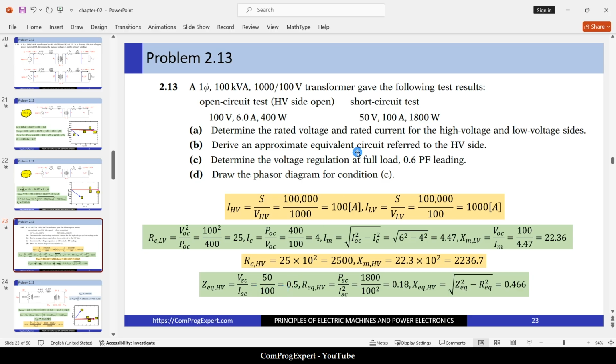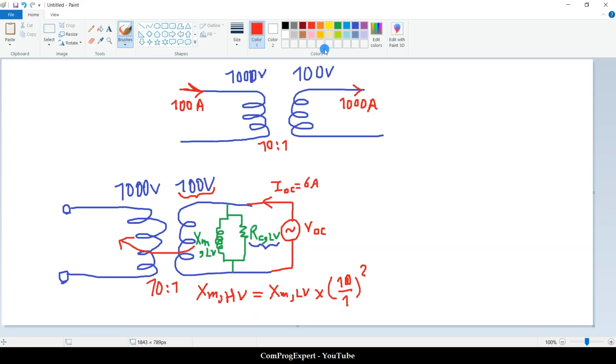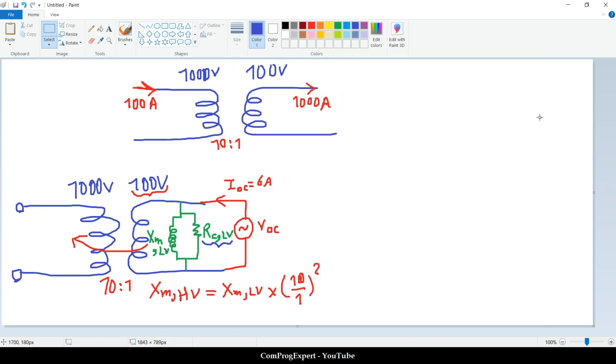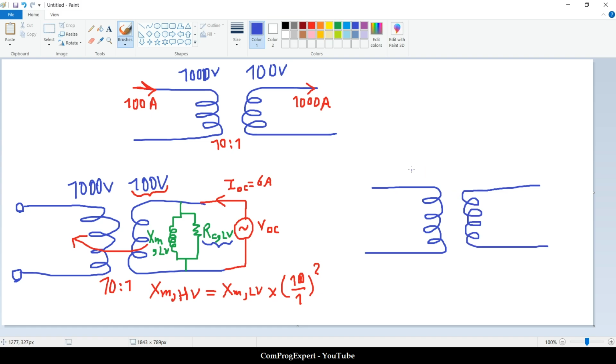Yes, here is the case. In the short circuit test, we have this configuration. This is the high voltage side, and this is the low voltage side. This is 1000, 100. We have this turns ratio. We connect the voltage source here.